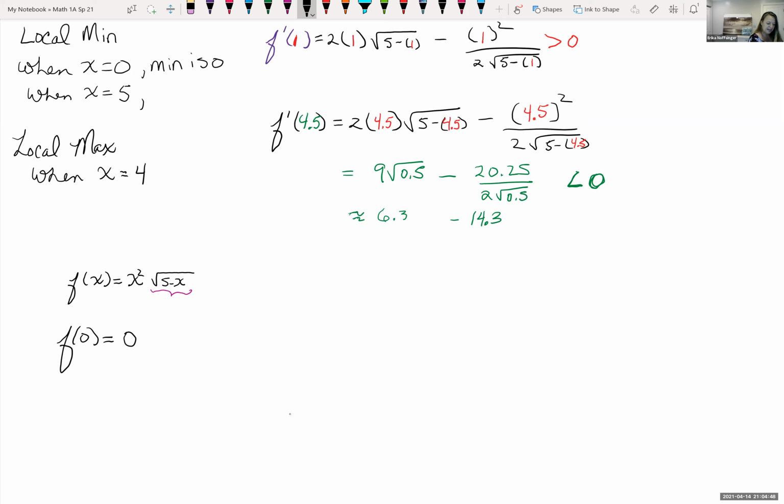If we plug in 5, well, square root of 5 minus 5, that's the square root of 0 times 5 squared, that's going to be 0. So f of 5, I also see is 0. So if they're the same y value, they're both local min, but they're also both absolute min.